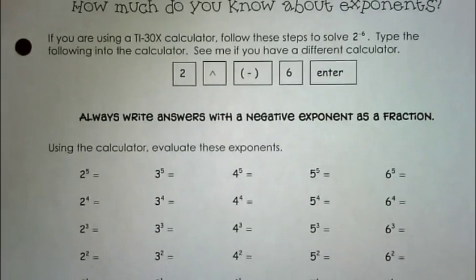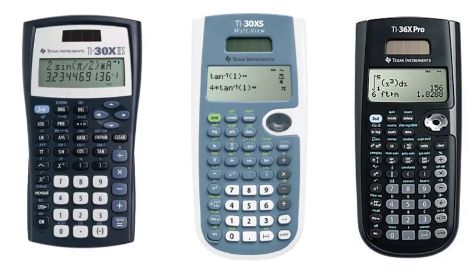So if you will go ahead and get your calculator, you should have one of these 3 calculators, okay? Now, each calculator is slightly different. If you are using this first calculator right here, the TI-30X2S, I guess that is, or maybe that's 12S.